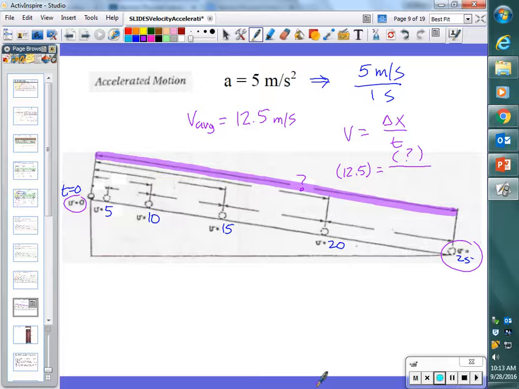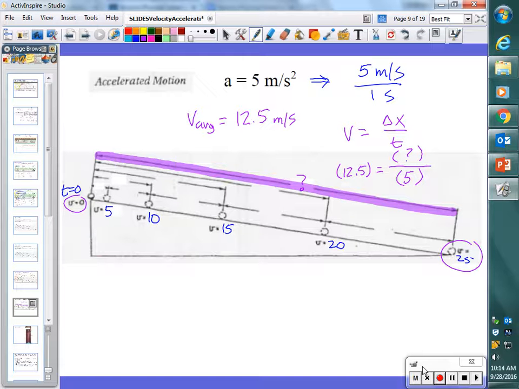That 12.5 that I plugged in is for the entire ramp. So what time do I have to plug into that equation? 5 seconds. Because I'm not just talking about one interval of that ramp, I'm talking about the whole ramp now, and it takes 5 seconds to get all the way down the ramp.